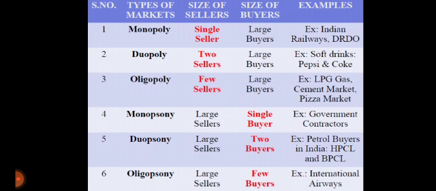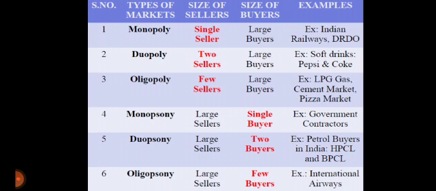Monopsony, the reverse of those, a single buyer, government contractors and all those come into the picture. Then we have large sellers and only two buyers, petrol companies like HPCL and BPCL.